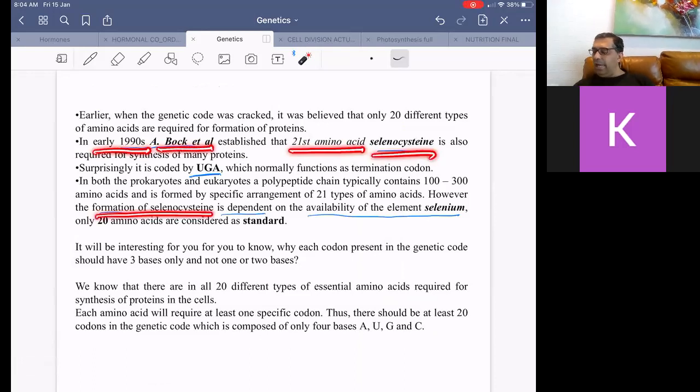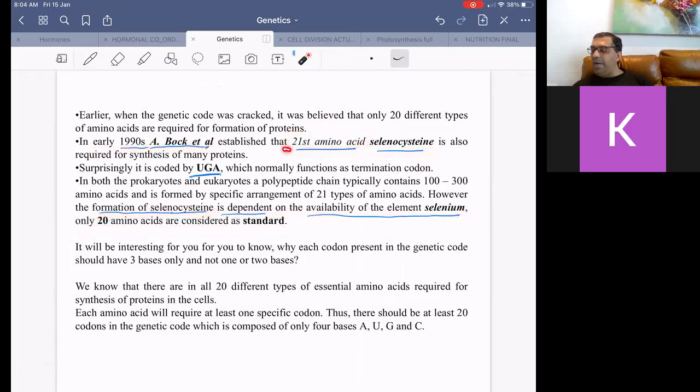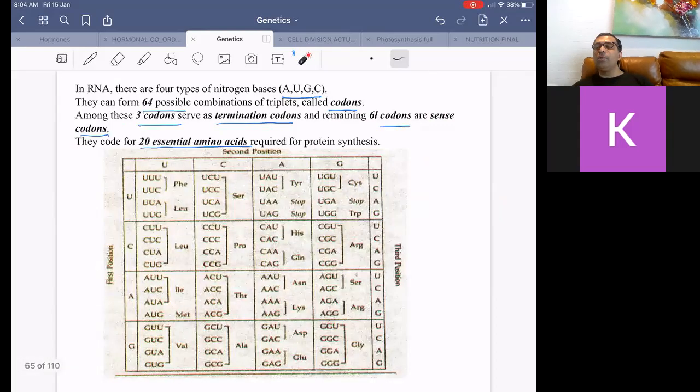And selenocysteine is not a standard amino acid. Standard is 20. Selenocysteine depends on the availability of the element selenium, and selenium se banta hai selenocysteine, so it becomes the 21st amino acid. Question is, who will code for selenocysteine? All the other codons have a specific amino acid.